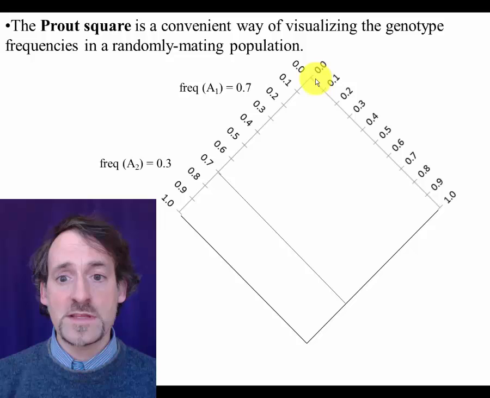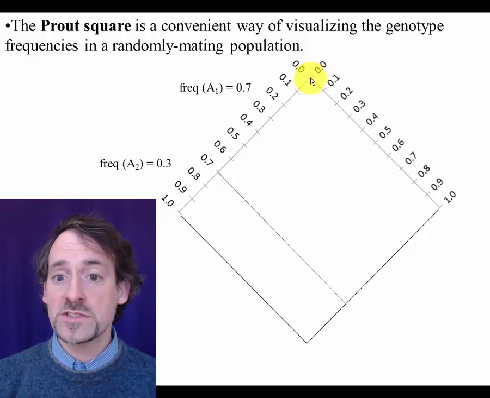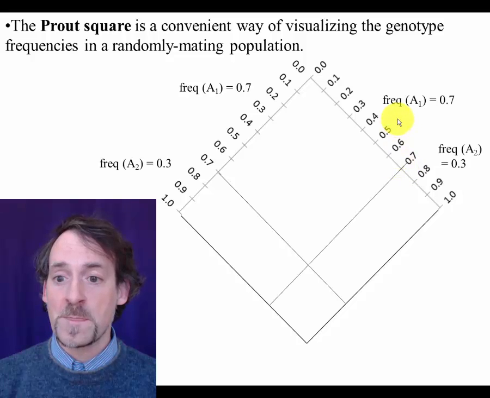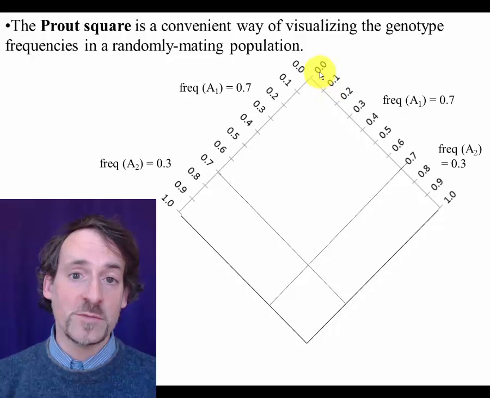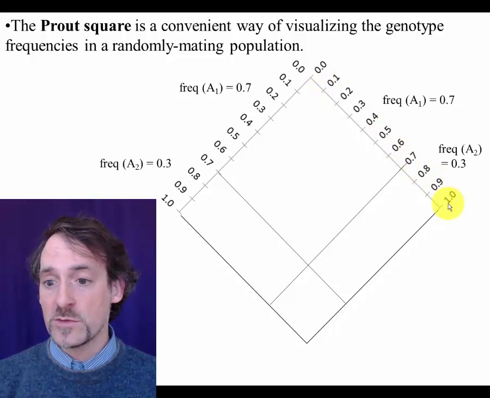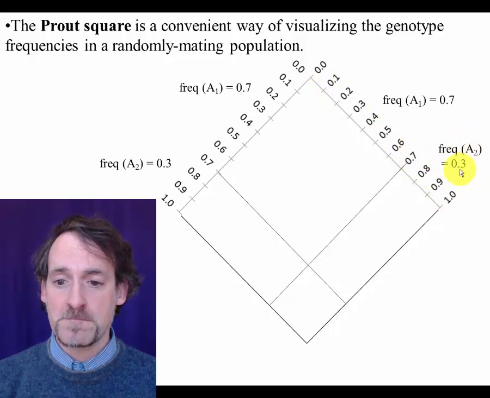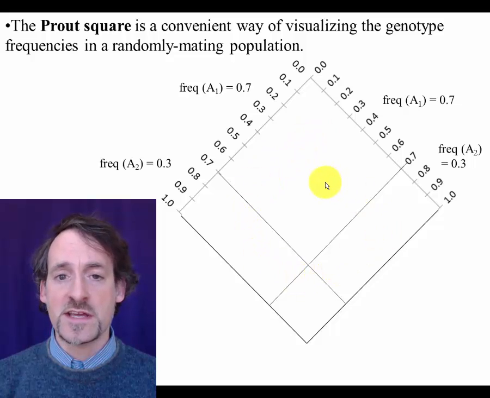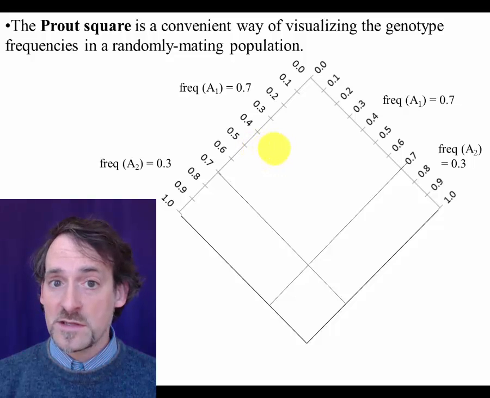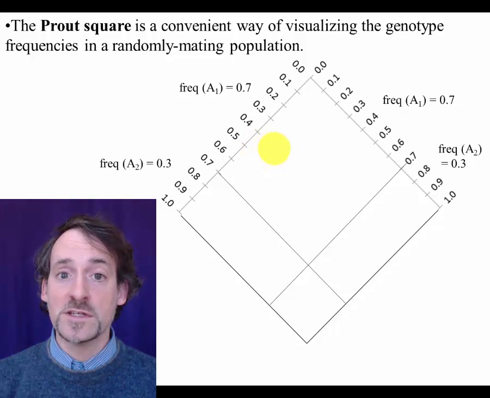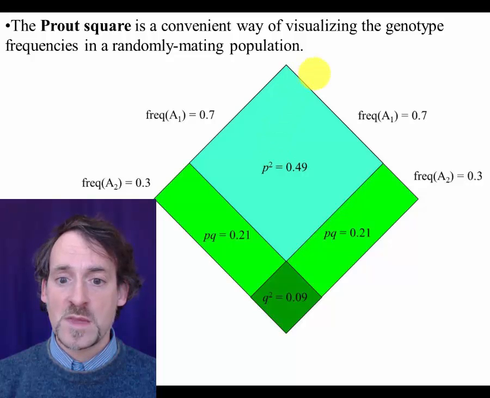It's the same thing for dad, so we're going to go over this side of the Prout square, walk down here and draw a line. So dad donates an A1 allele with a probability of 0.7, and donates an A2 allele with a probability of 0.3. The areas that you're seeing out here correspond to the probabilities or the frequencies that you expect to get for the different genotypes.